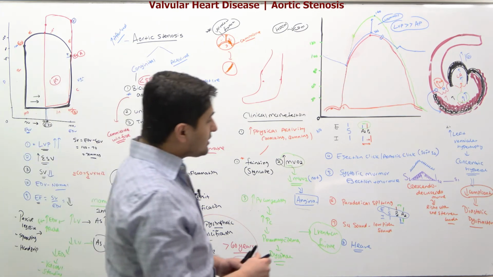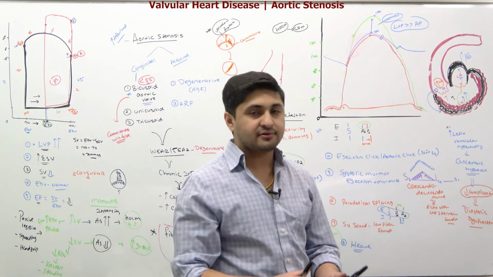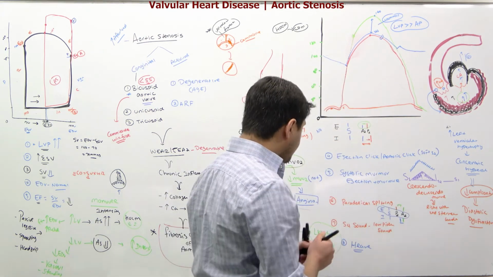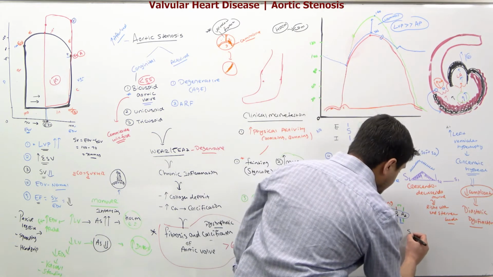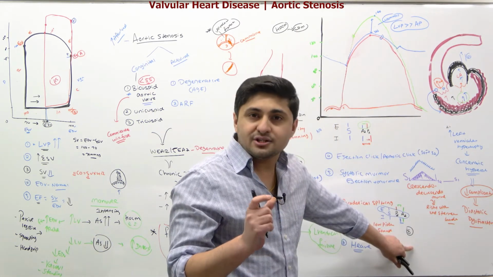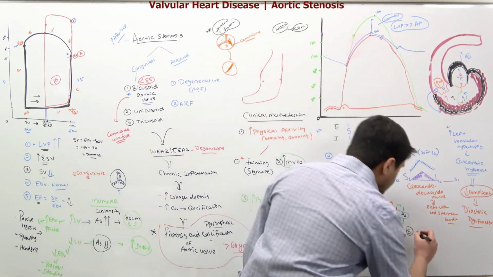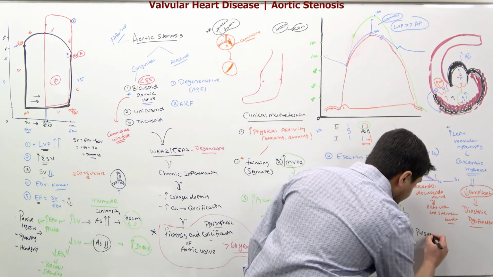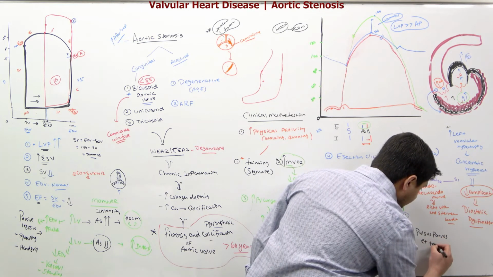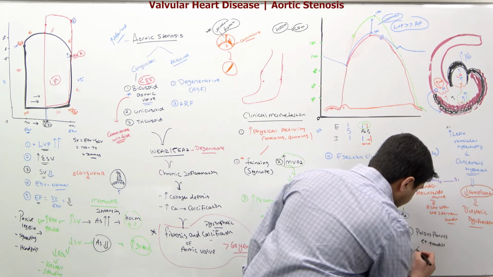Now, there's one more thing that I haven't told you about, and this is one of the most important things you gotta remember when it comes to classical symptoms. They use something called pulsus parvus et tardus. What does this mean? Okay, this is very important.